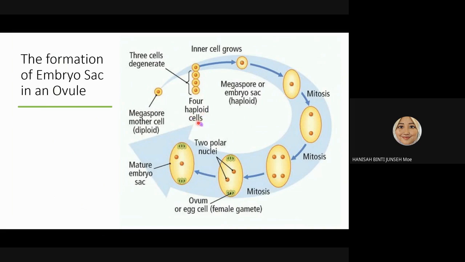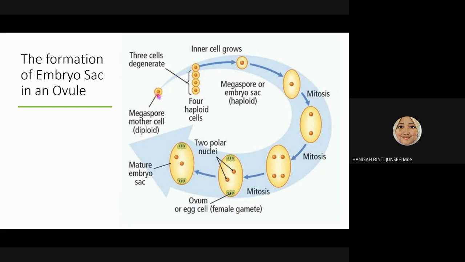4 haploid cells. Okay. If you don't have any idea what meiosis and mitosis are, meaning that you need to revise back. You need to look back at chapter 6 on Form 4 punya syllabus. Okay. So, let's continue.